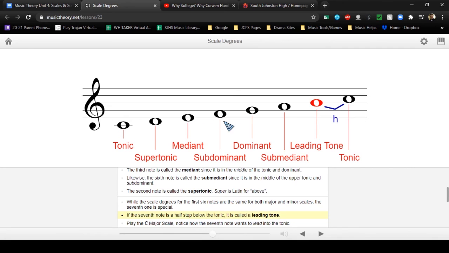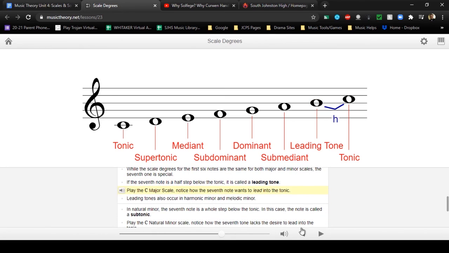Do, re, mi, fa, sol, la, ti. Ti is the 7th note of the scale, and it is a half step below the tonic, which we'll learn about coming up next week. That means the 7th note of the scale is going to be a leading tone, because it wants to lead you to the tonic.